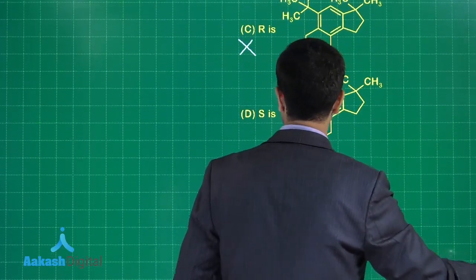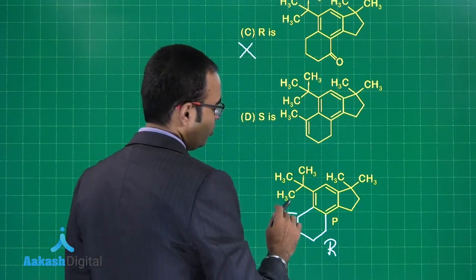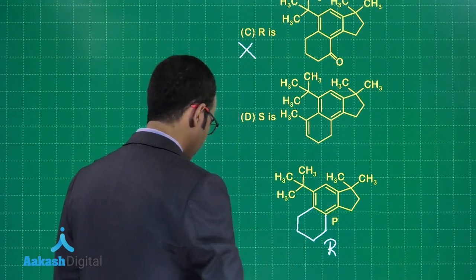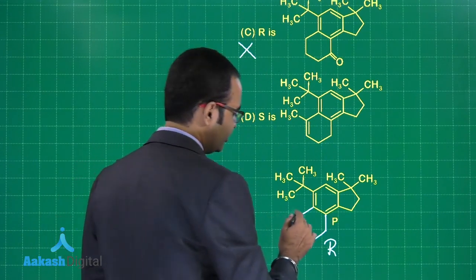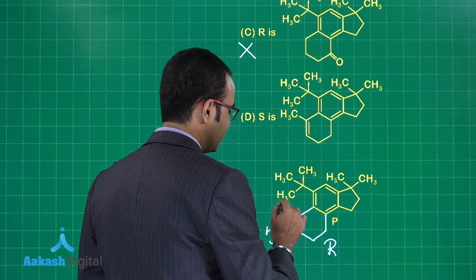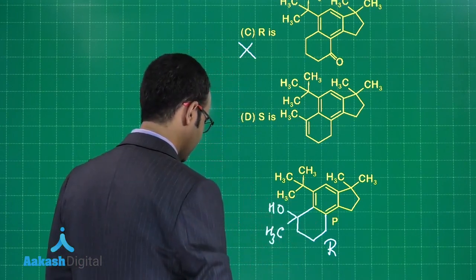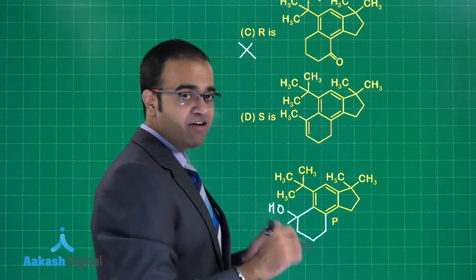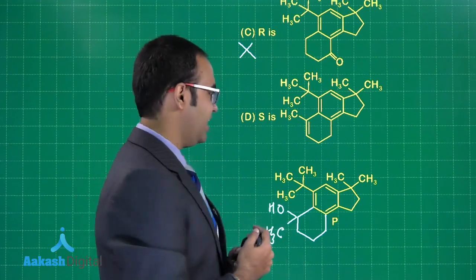Let's see. So you have this. In the place of C double bond O, once you add a Grignard's reagent to it, you will get a CH3 and OH. Okay. So that is your compound after adding Grignard's and H3O+, right?